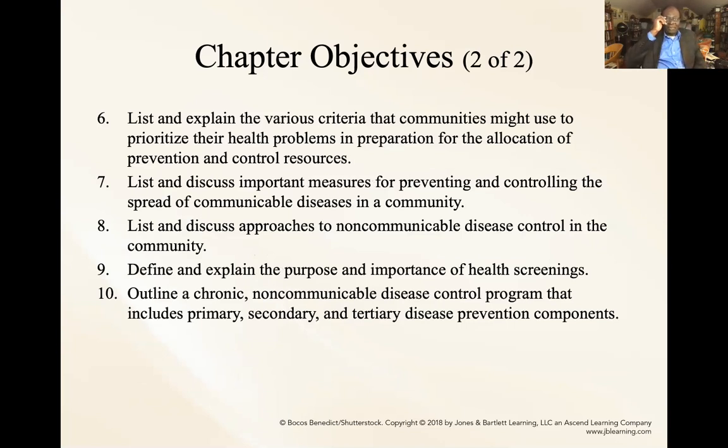List and explain the various criteria that communities might use to prioritize their health problems in preparation for the allocation of prevention and control resources.